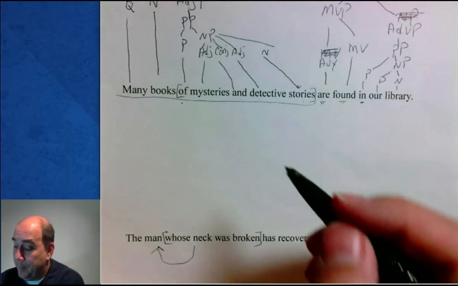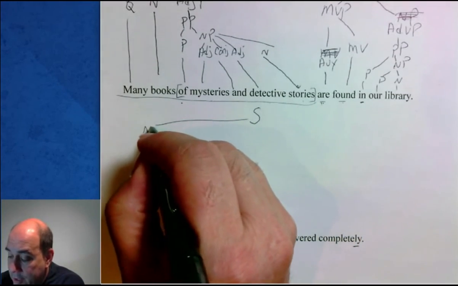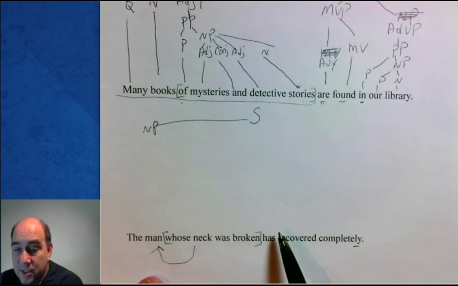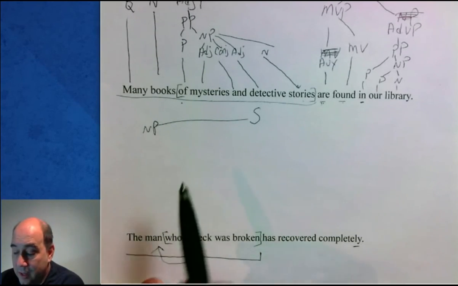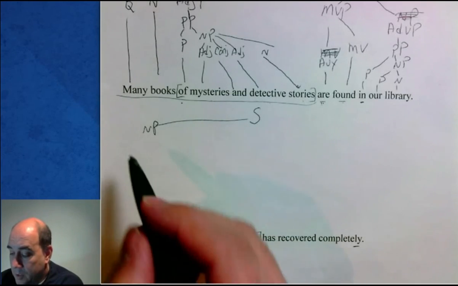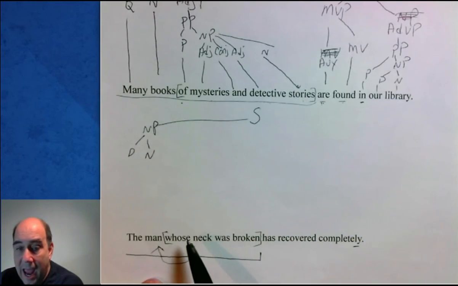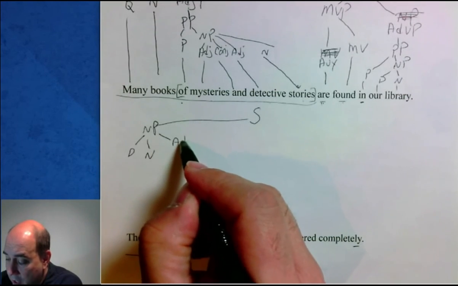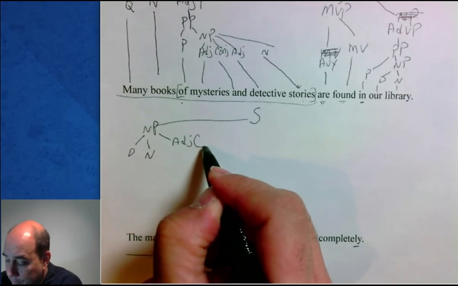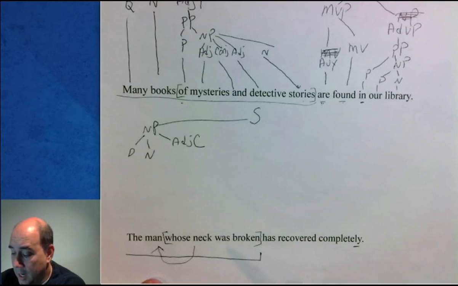So we can begin by putting a big old S up here at the top, and we know we're going to have a noun phrase. If we know this is the main verb, we know all of this goes with the noun phrase. So we're going to have a noun phrase with a determiner and a noun and some type of adjective. This adjective is an adjective clause. I'm putting a clause in there just to say, hey, this is a full subject-verb.